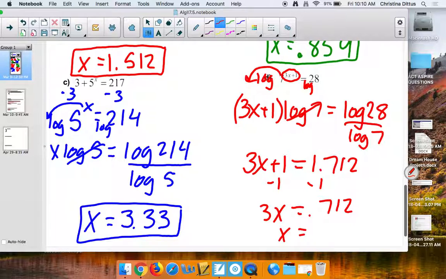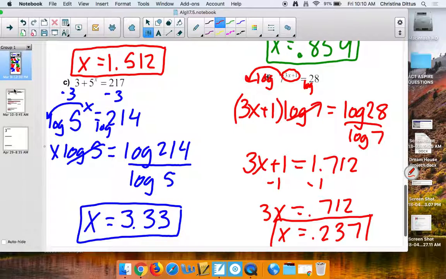Divide by 3 and I get 0.237. Okay. Questions on solving with logs? We use it when we cannot take whatever base is there to some power and have it come out nicely.